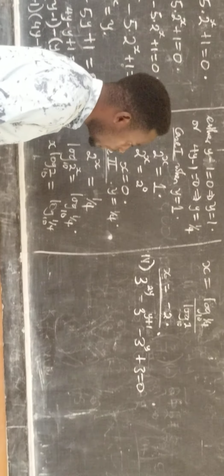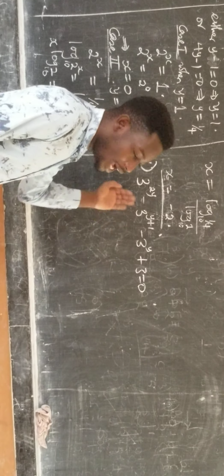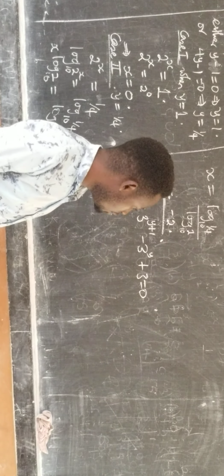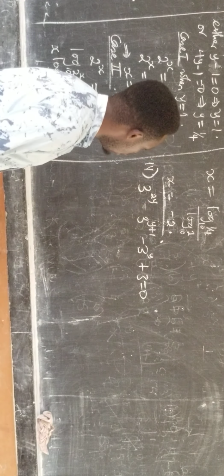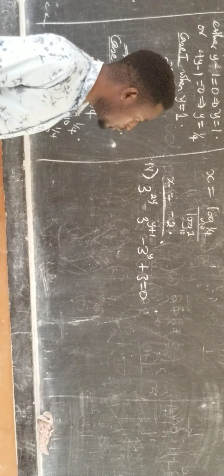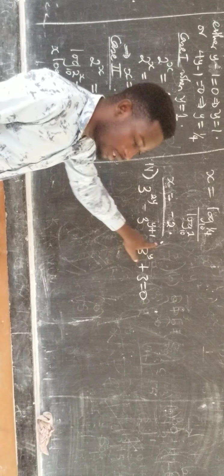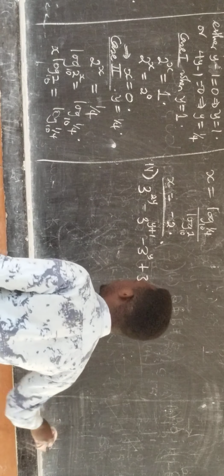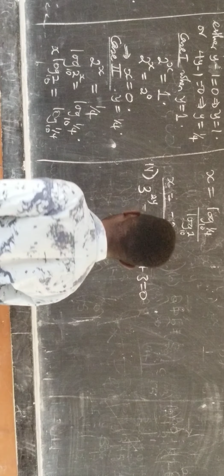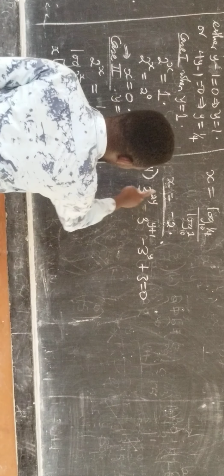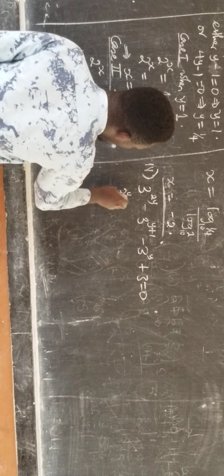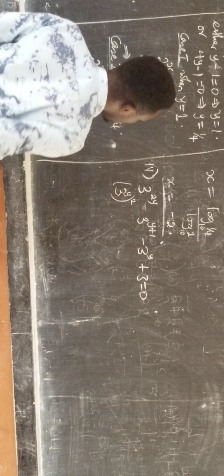Also, when you look at this one, it can be represented as a quadratic function, whereby we are going to make our variable 3 power y. Is that okay? So I'm going to make sure I create 3 power y everywhere. So this one still can be 3 power y, then power 2.